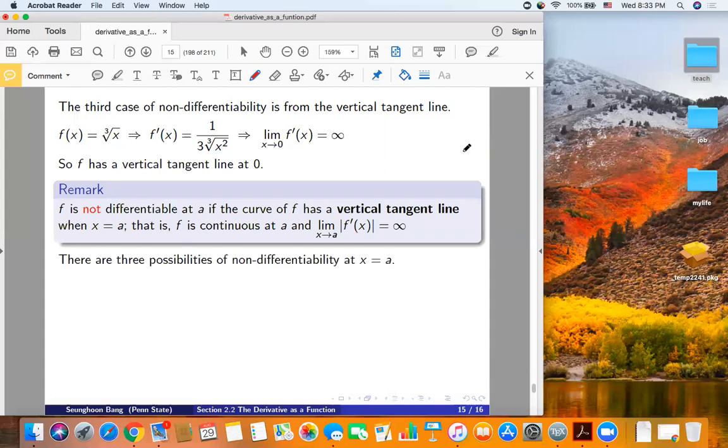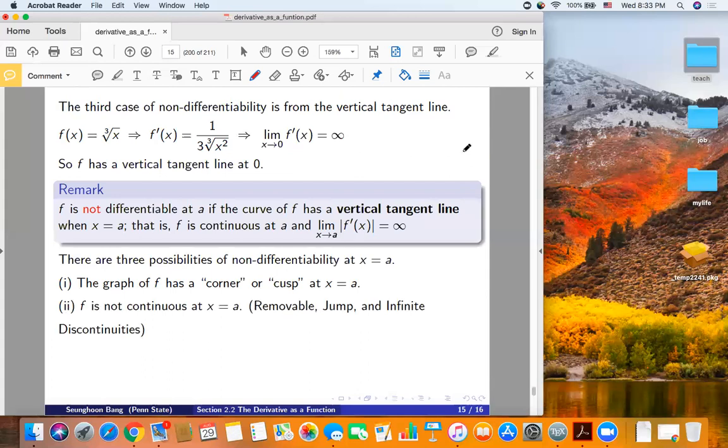There are 3 possibilities of non-differentiability at x equals a. First, the graph of f has a corner or cusp, so not differentiable. Second, f is not continuous at x equals a: removable discontinuity, jump discontinuity, and infinite discontinuity.